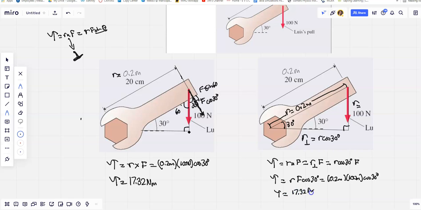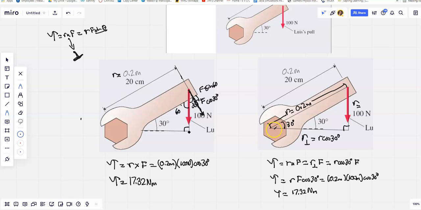17.32 Newton meters. Okay. So here are both methods on how to do this problem. In one, you concentrate on looking for the perpendicular part of the force, so you have to do some trigonometry and some concentric triangles, just like we did, and you just leave R as the given value of 0.2. The other method is where you're actually twisting R but leaving F alone.